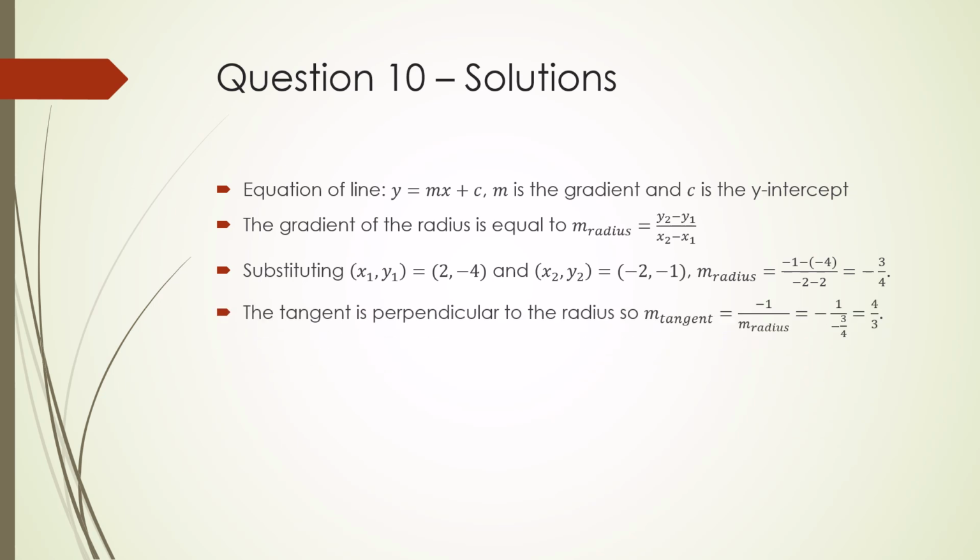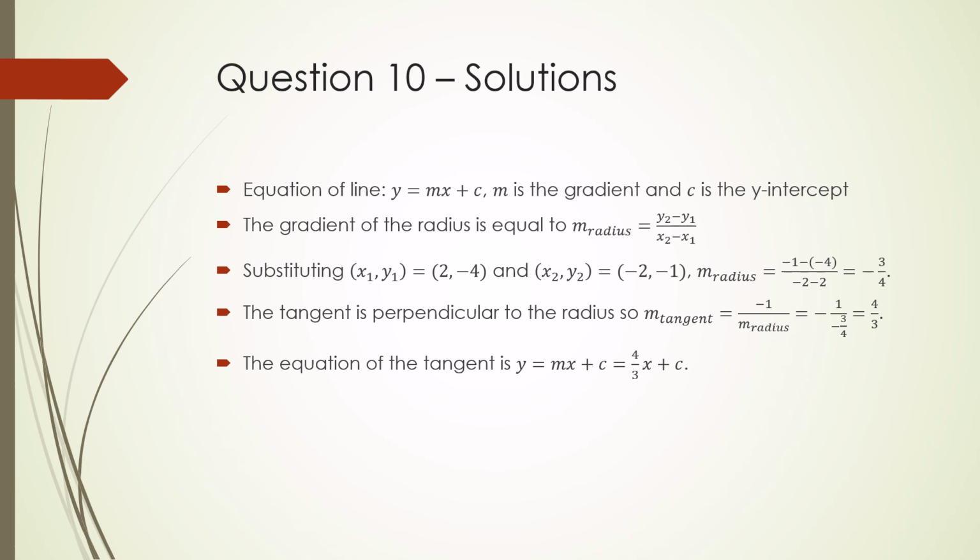Since the tangent is perpendicular to the radius, the gradient of the tangent is given by -1 divided by the gradient of the radius, which equals 4 divided by 3. Therefore, we can substitute m equals 4 over 3 into the equation of the tangent, and it is y equals 4/3 x plus c. But how do we find c?